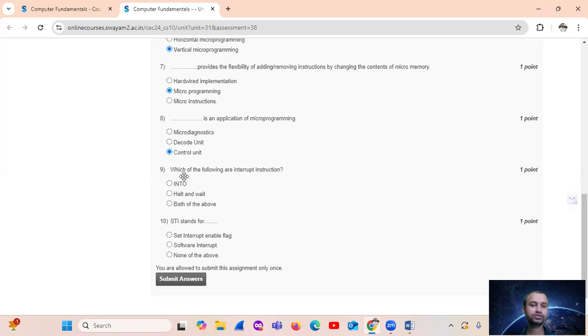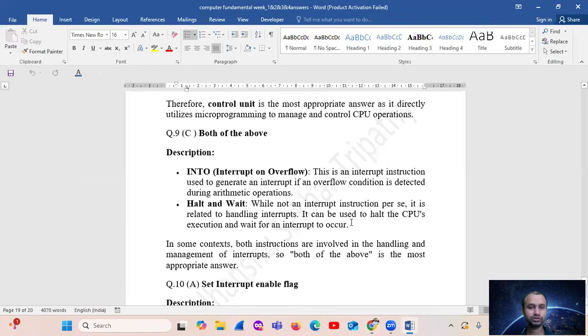Then 9, which of the following are interrupt instructions? So interrupt instruction क्या क्या होगा? INTO होगा, HLT and WAIT होगा. That is both of these. So INTO क्या है? Interrupt on overflow. Okay? So this is an interrupt instruction used to generate an interrupt if an overflow condition is detected during arithmetic operations. Then WAIT क्या है?